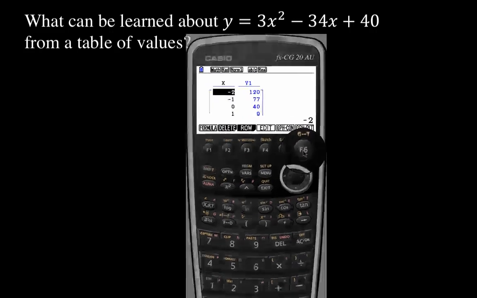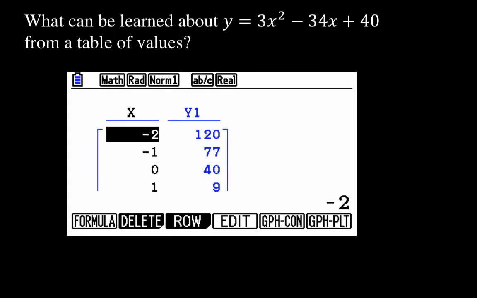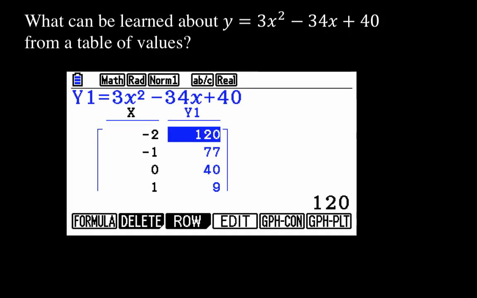So when x is -2, the function's value, or y, is 120. When x is -1, y is 77, and when x is 0, y is 40.